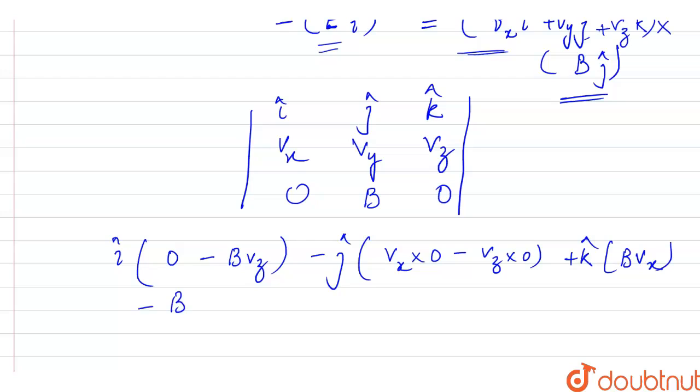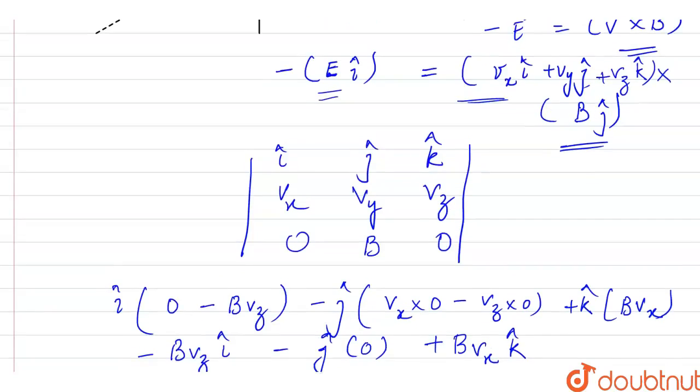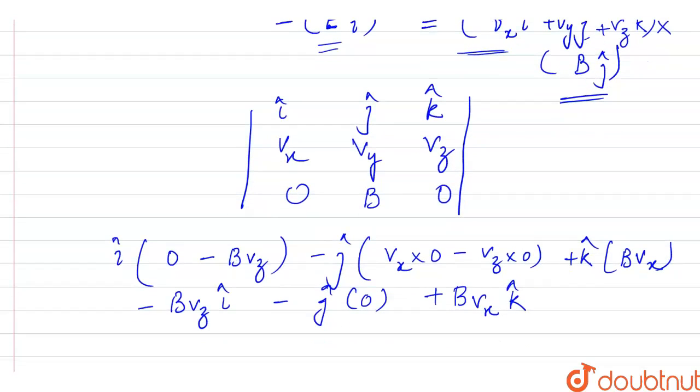This is minus B vz i cap minus j cap into 0 plus B vx k cap. Now the left hand side is minus E i cap.